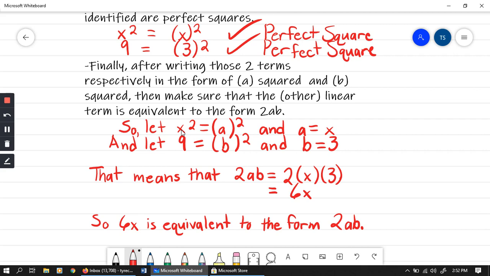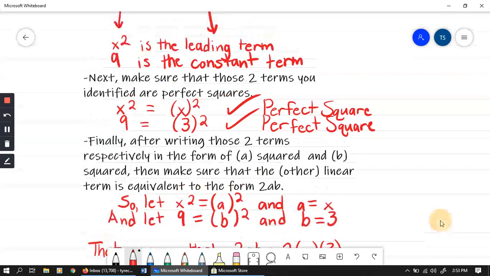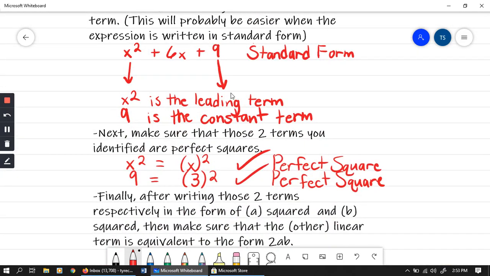All right, and so in this little step of determining whether or not we've got a perfect square trinomial, we're trying to make sure that middle term, and let me just scroll up real quick, the middle term, or that linear term that we had, was 6x. You see it? Because we had already identified our leading term and our constant term.